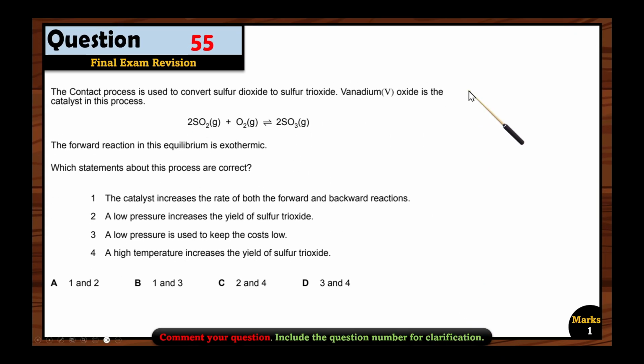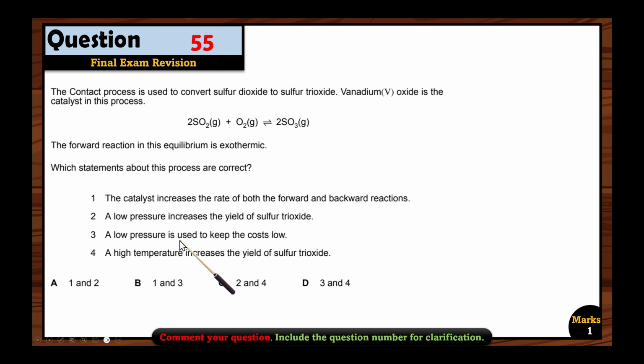55. The contact process, again, they have shown you the forward reaction is exothermic. Which statements about this process are correct? The catalyst increases the rate of both the forward and backward reaction. Yes, it increases the rate of both. A low pressure increases the yield of sulfur trioxide: wrong, an increase in pressure will increase the sulfur trioxide.